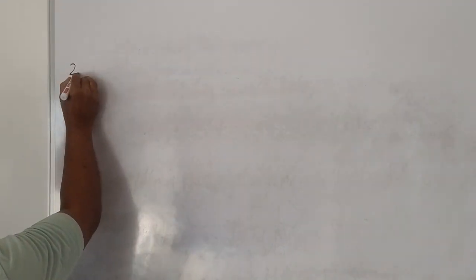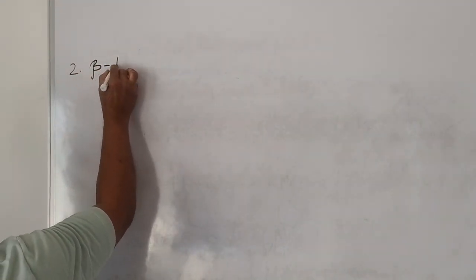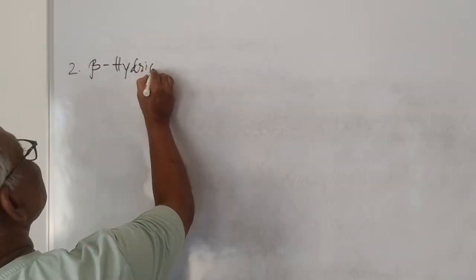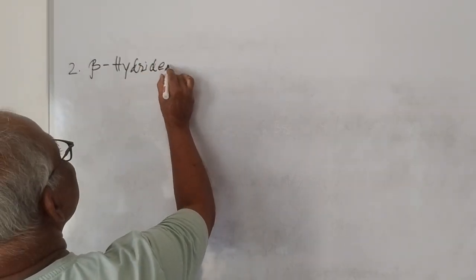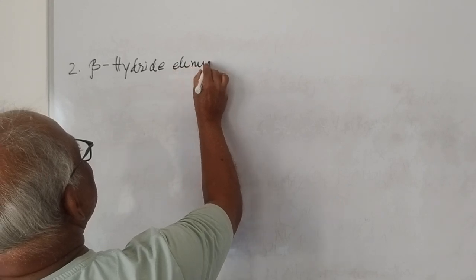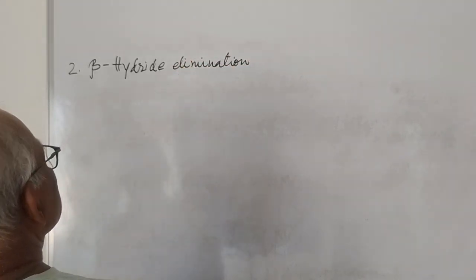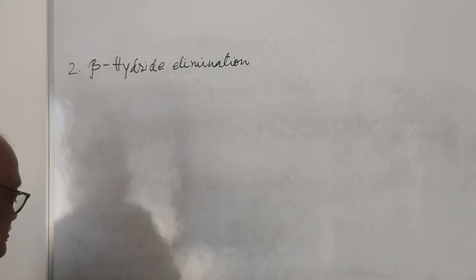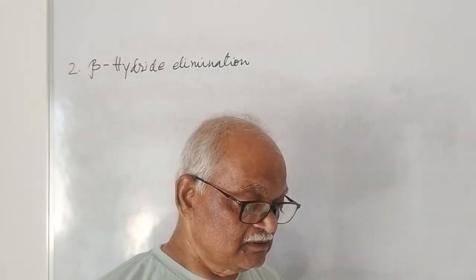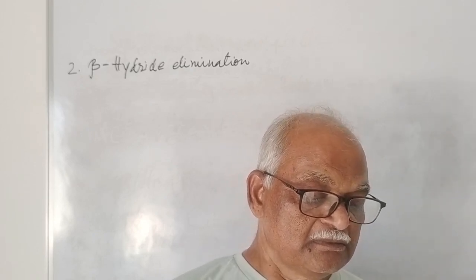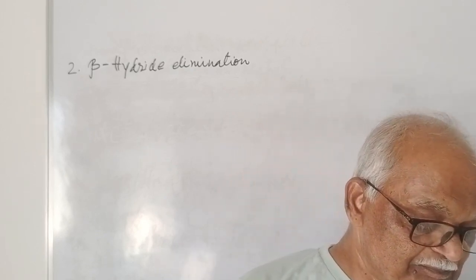Next reaction we will discuss here, type of reaction is, that is second, beta hydrogen elimination. So this is the most common side reaction of metal alkyls.